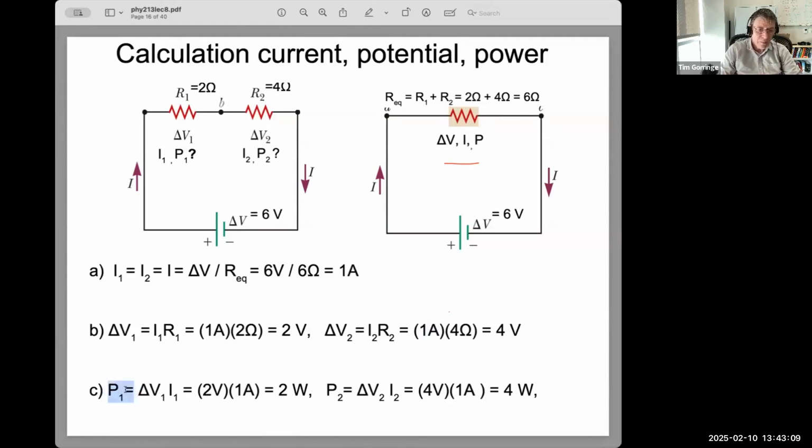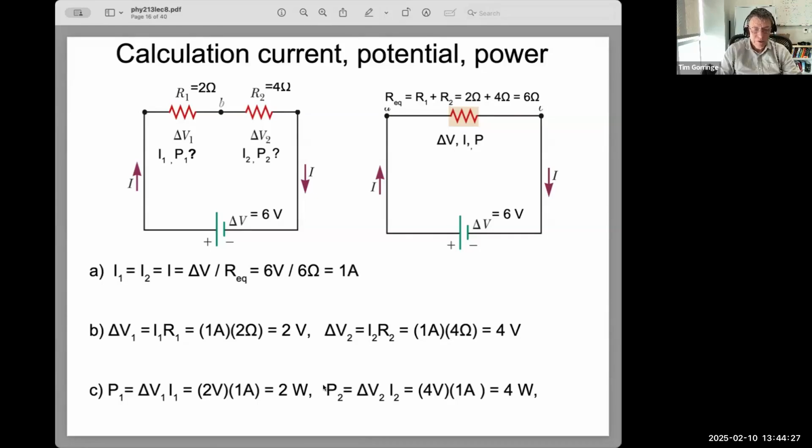So what's the power dissipated in resistor number 1? I'll call that P1. The equation for that in an electrical circuit is the product of the voltage across it times the current through it. We know the voltage across is 2 volts. We know the current through it is 1 amp. So that's 2 watts. Watts is joules per second, the energy per second.